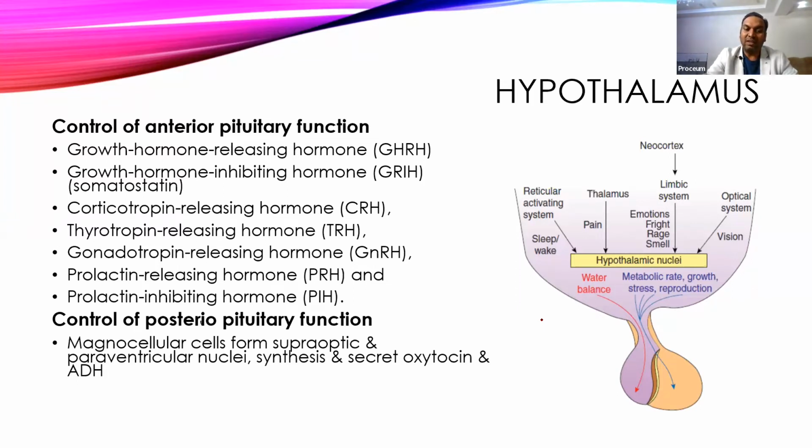These magnocellular cells release the hormone and form a tract, the hypothalamo-hypophyseal tract, and from the tract it comes and lodges into the posterior pituitary, where it is stored in the Herring bodies of the posterior pituitary neurons. It remains there until a stimulation comes, and then it is released from the posterior pituitary. There are two hormones released: oxytocin and ADH.